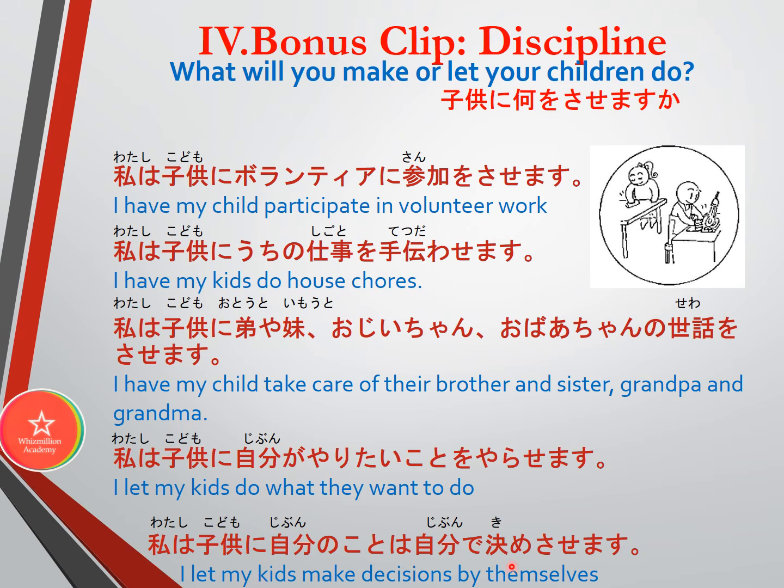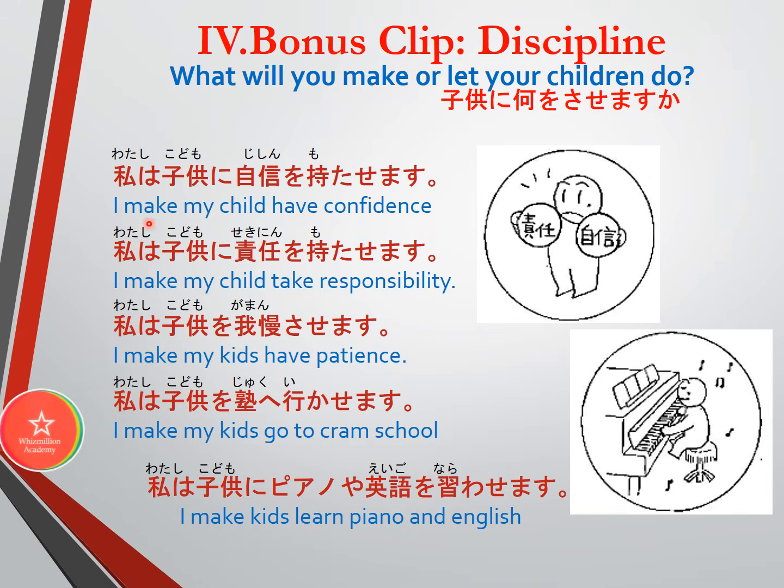I let my kids make decisions by themselves. 私は子供に自分のことは自分で決めさせます。決めさせます is a transitive verb, so the particle is に. I make my child have confidence. 私は子供に自信を持たせます。持たせます, 持ちます. This is a transitive verb, so the particle is に. I make my child take responsibility. 私は子供に責任を持たせます。Once again, transitive verb.